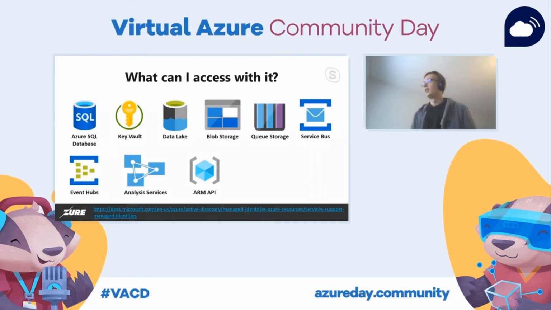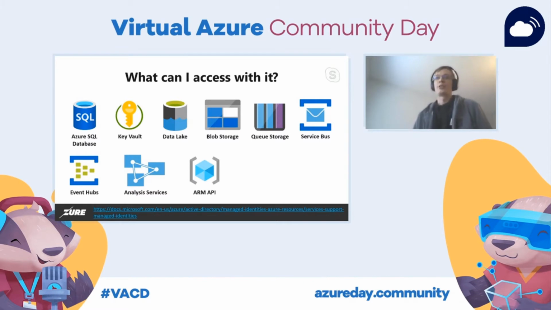We also have Data Lake and blob storage and queue storage. Now, table storage and file storage are not yet supported, but I believe they are probably coming at some point as well. And then we also have Azure Service Bus and Event Hubs, as well as Analysis Services, and the Resource Management API, which is quite an interesting one.